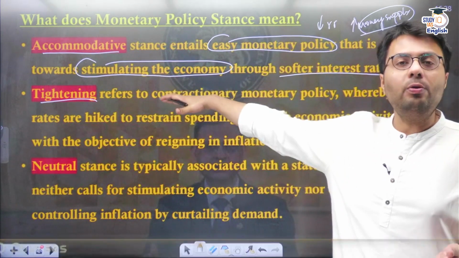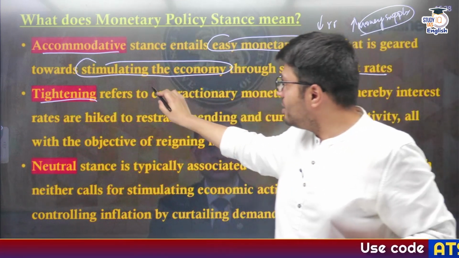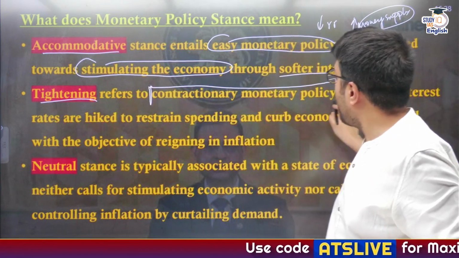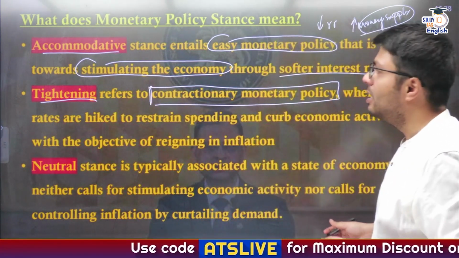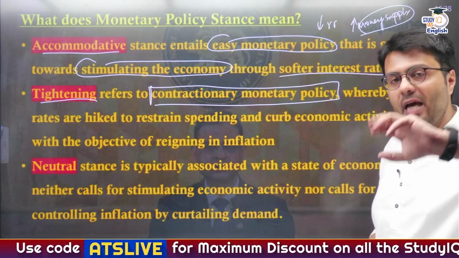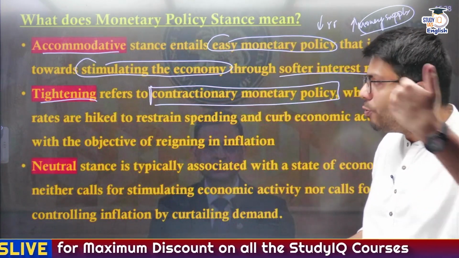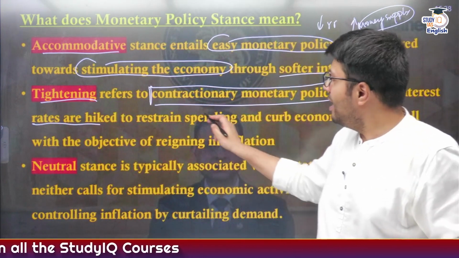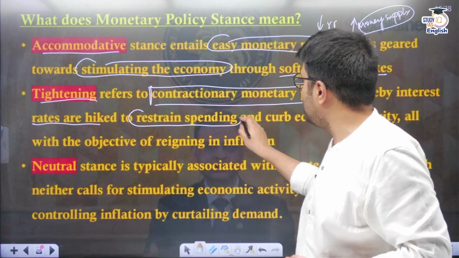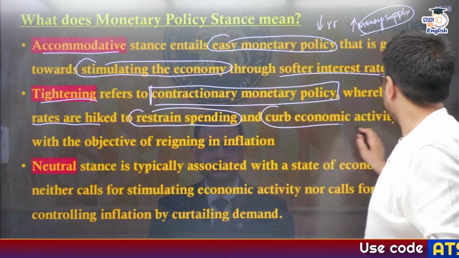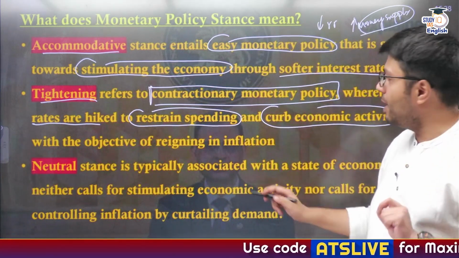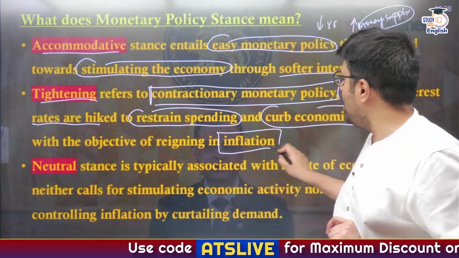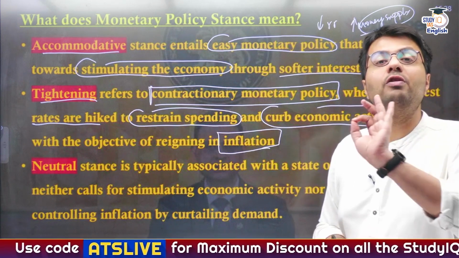So the opposite is true in case of tightening. In case of tightening, RBI follows what? Contractionary money supply, which means in case of a tightening stance, it is likely that going forward RBI will increase the repo rate, and it will do so in order to restrain spending and curb economic activity so as to allow RBI to rein down the increased levels of inflation.